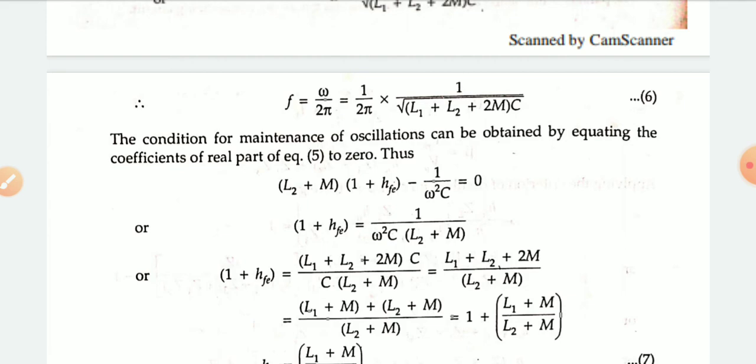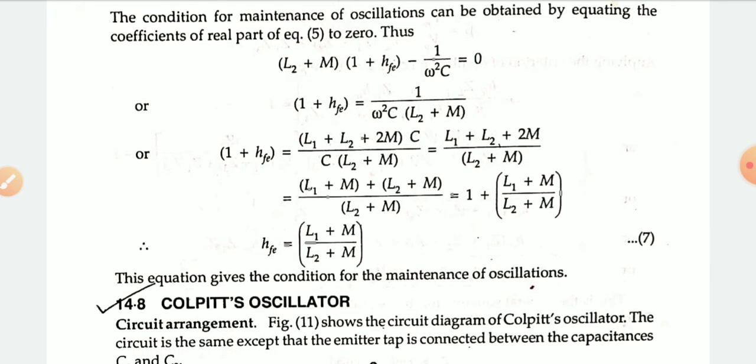You just put the value for omega 1 in this position, and if you calculate, then you can get the value of h_fe.